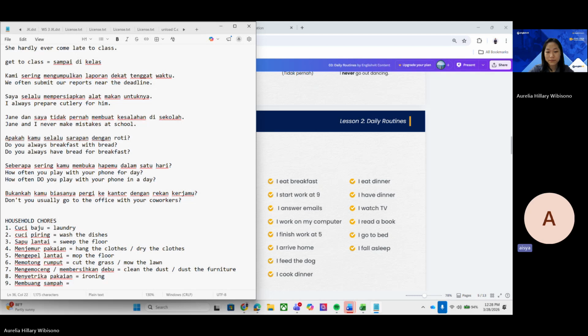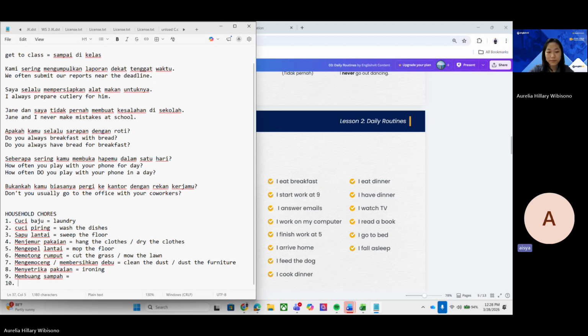Throw away the trash or take out the trash. That's correct. There are a lot of words for trash. You can say trash, garbage, rubbish. All of them are the same.